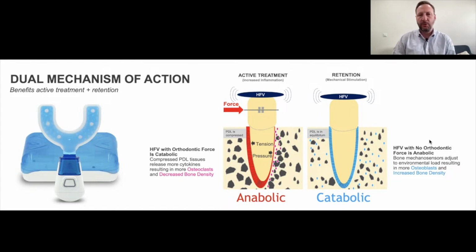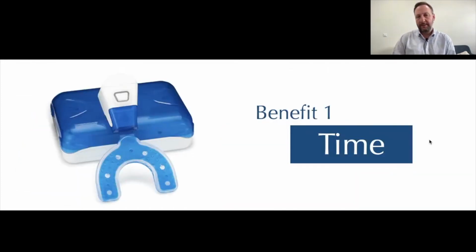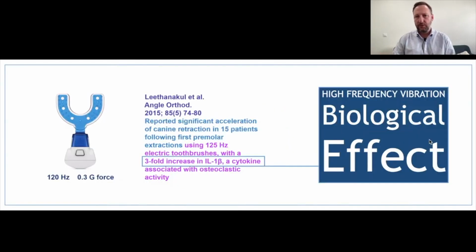So we can work both ways. Okay, and in my opinion, the biggest benefit, the one that the patients really want and really look for, probably this is going to be the benefit number one for you to promote this in your clinic.